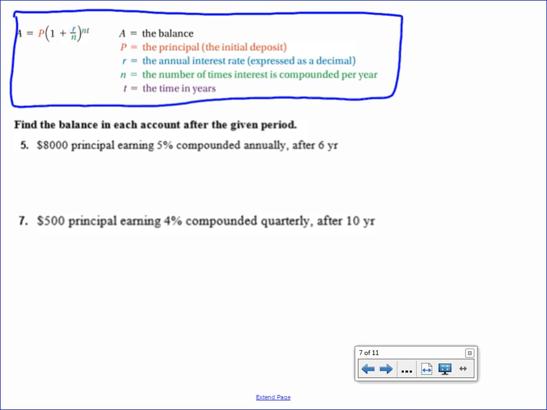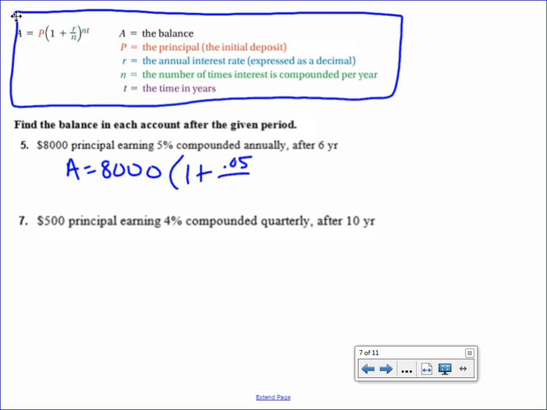So for this one, we simply start plugging in some things. P represents our initial deposit, so in this case, $8,000 was our initial deposit. We'd have 1 plus R as our rate, and our rate was 0.05, divided by the number of compounds per year.